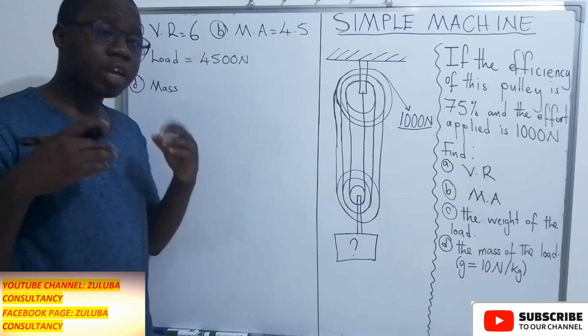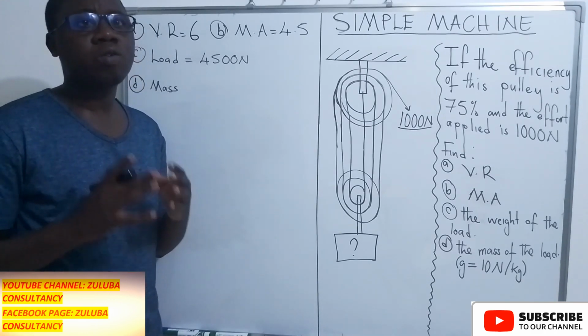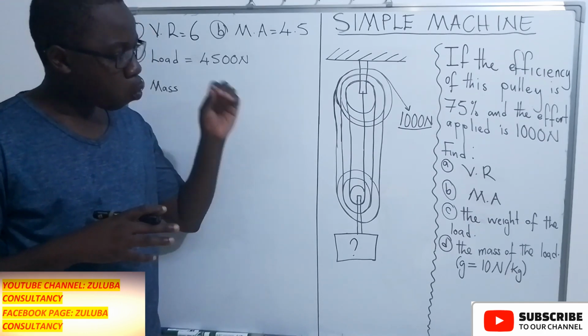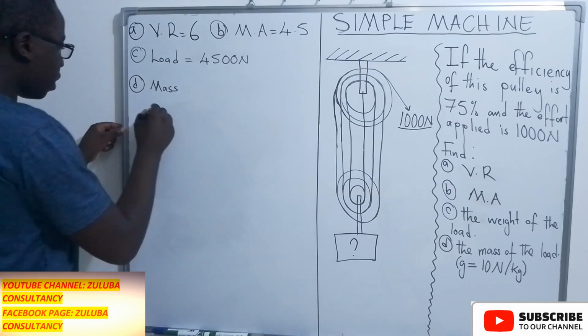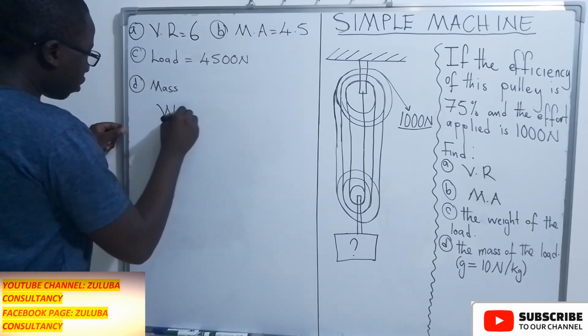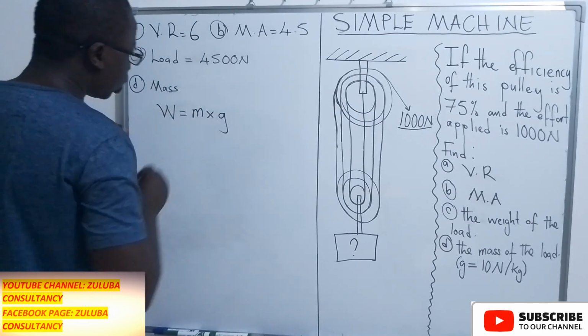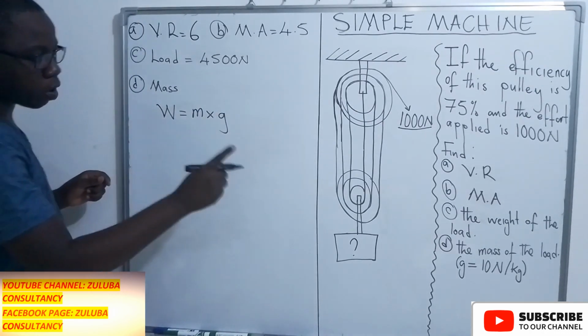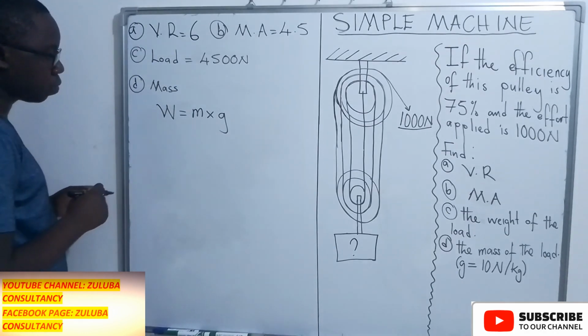Now the third question helped us to calculate the weight. So there is a very good relationship between mass and weight. This relationship is weight is equal to mass multiplied by gravitational force. So we have that as 10 newtons per kg.